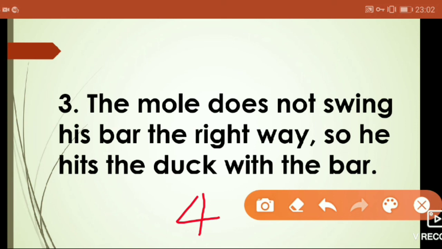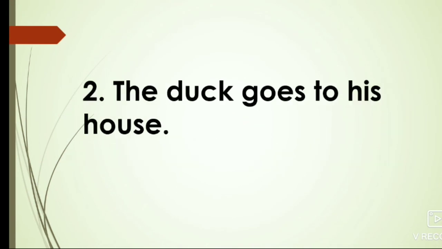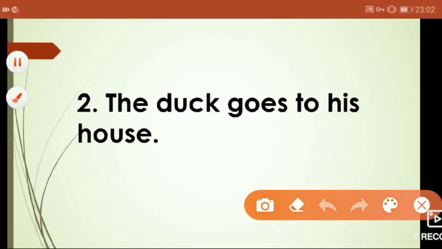Okay, so the duck going to his house is our last sentence, because remember, when the mole hit the duck with the bar, the mole saw stars and he went home. So this is going to be our last sentence.